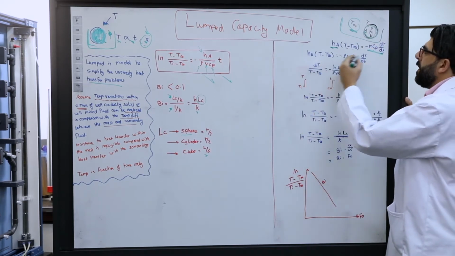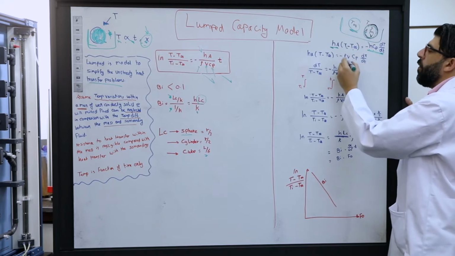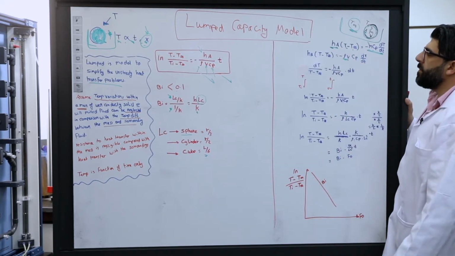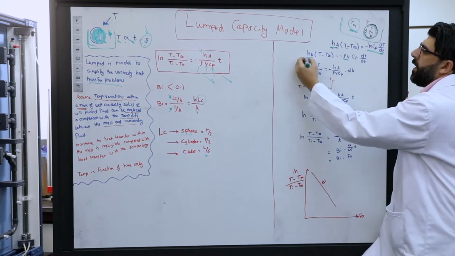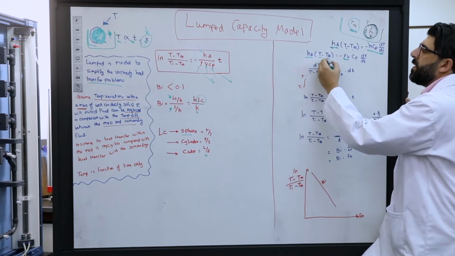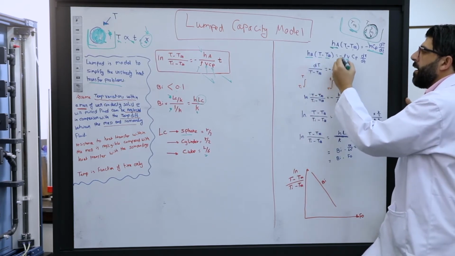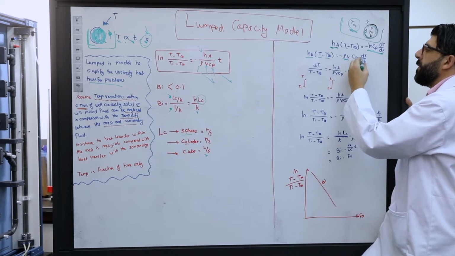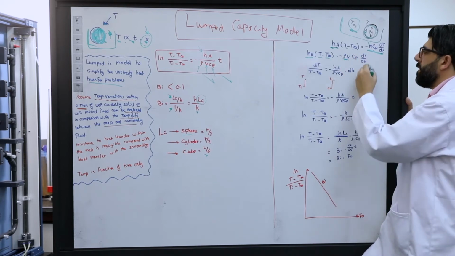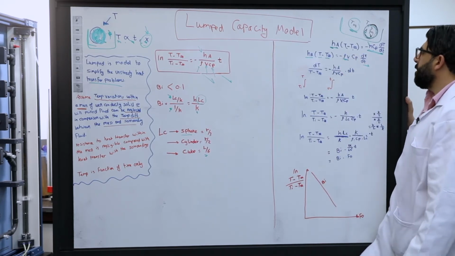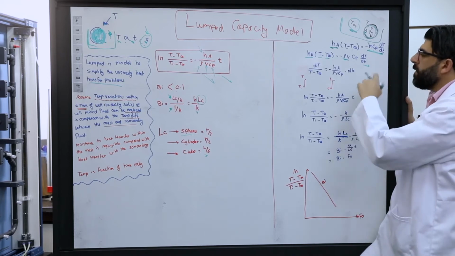Then the mass m equals rho V, density times volume. So we can say hA (T minus T infinity) equals minus rho V Cp dT over dt.